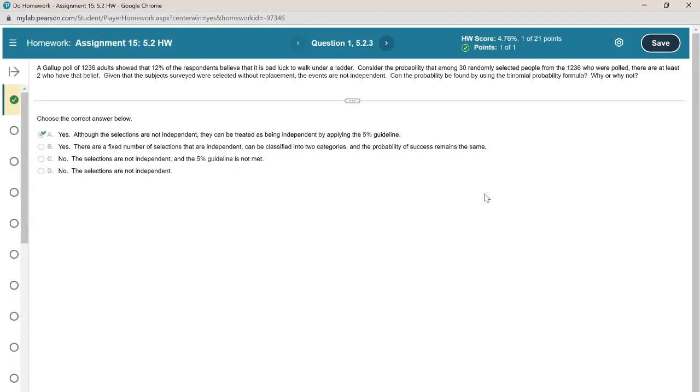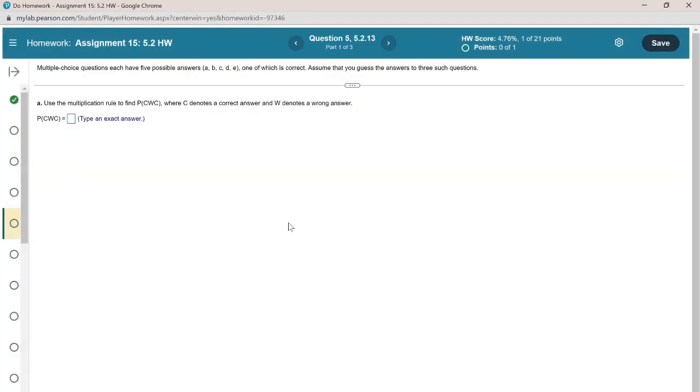Okay, so let's look at another example. Multiple choice question, each has 5 possible answers. So there is a multiple choice question and each has 5 different options, A, B, C, D, E, one of which is correct. Assume that you guess the answer to 3 such questions.